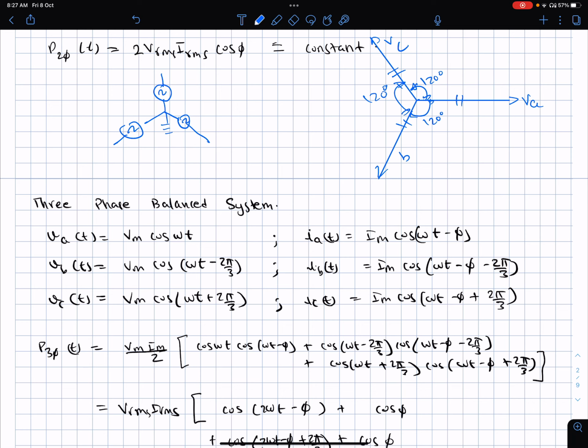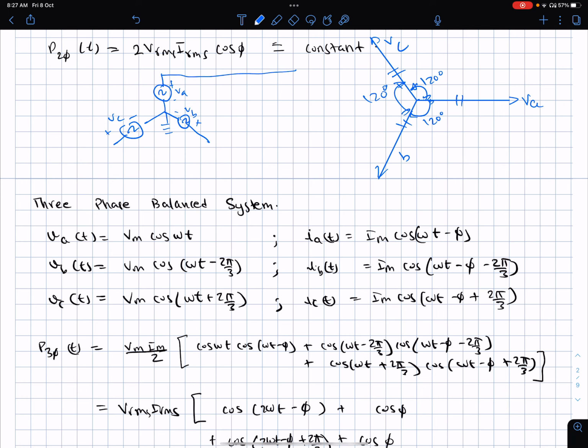This one common point I am grounding, and this is the polarity convention, and usually I draw it such that this seems to lag in space by 120 degrees, and this seems to lag in space by another 120 degrees from VB, so as to visually give an impression that this is a balanced three-phase system.